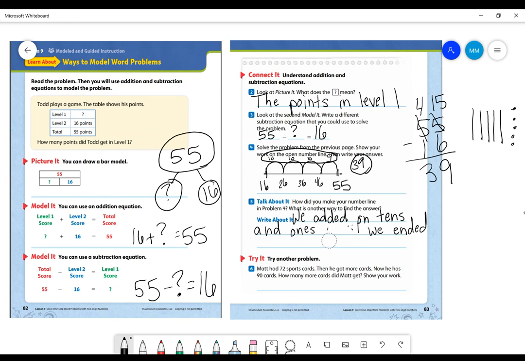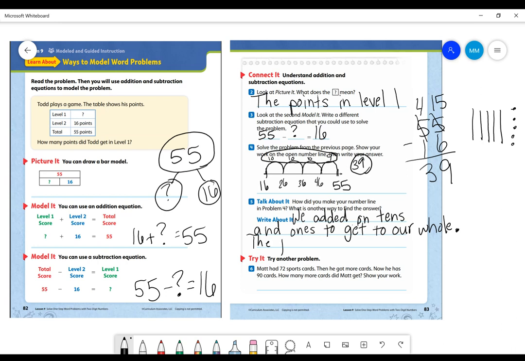Ooh, hold on, I'm going to change that. To get to our whole. Okay, so we added on tens and ones to get to our whole.